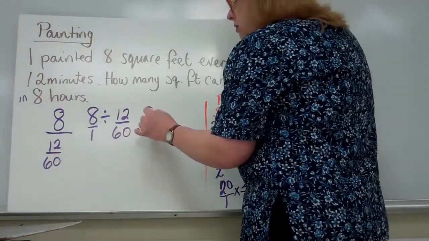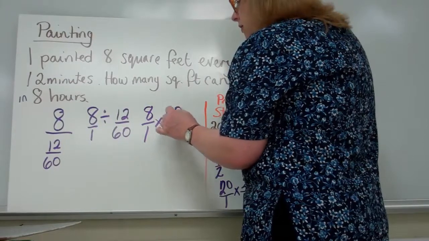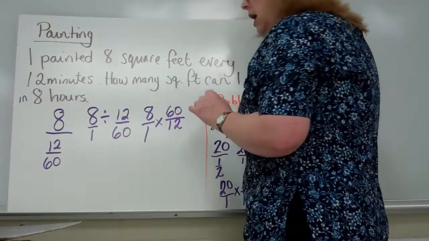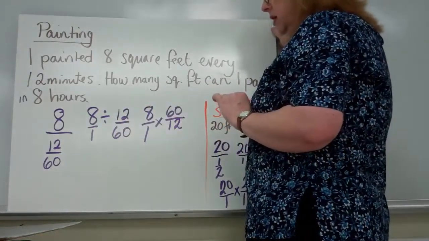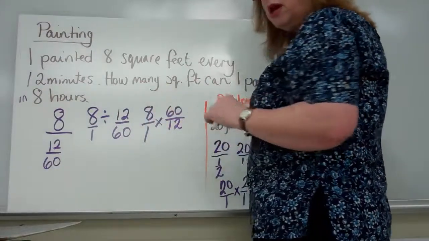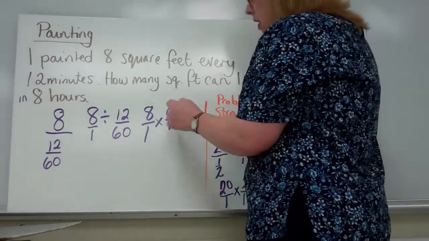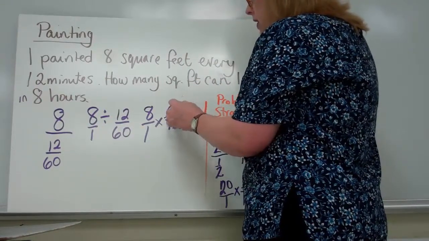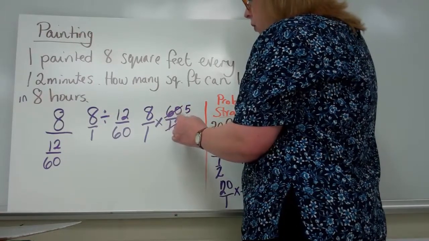And now I'm going to keep, change, flip. And it really would be simpler if I did simplify that. So if I know my 12 times tables, I should know that 60 is 5/12. So I'm going to go ahead and simplify here that I have 5 and 1.